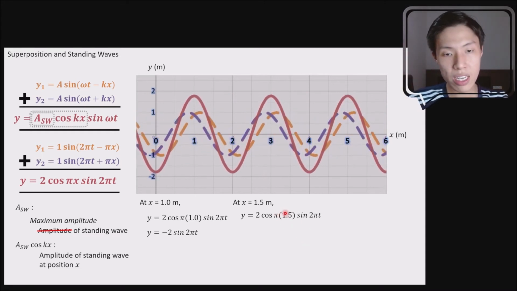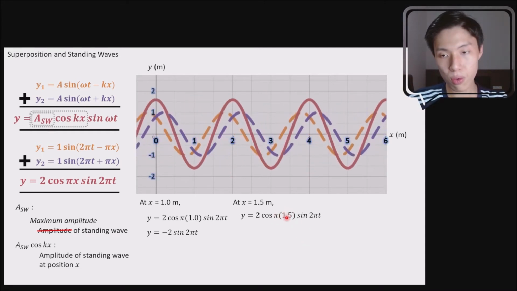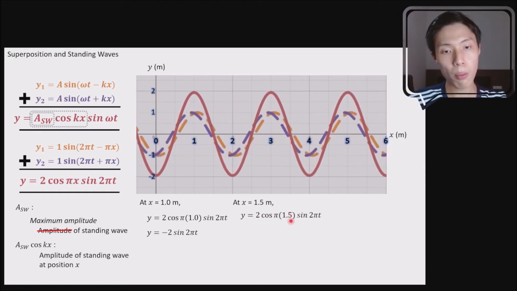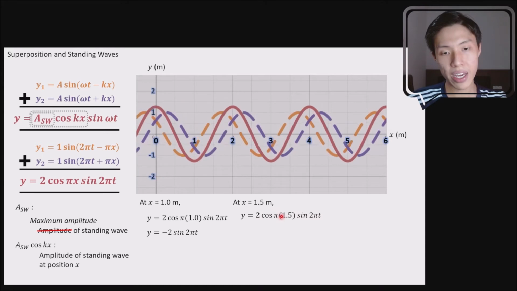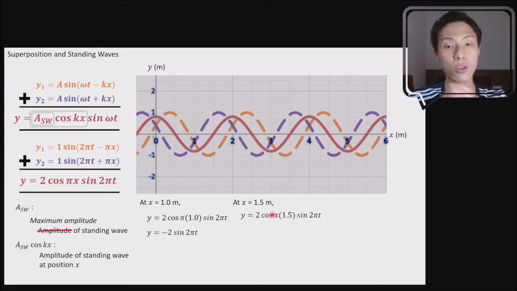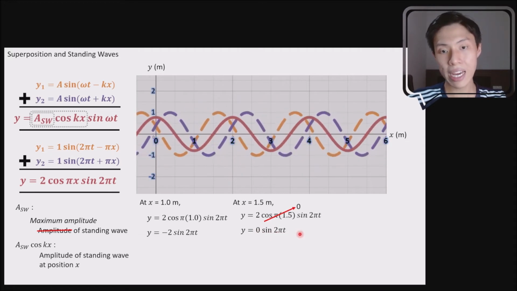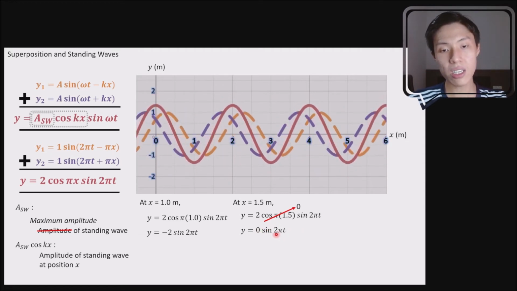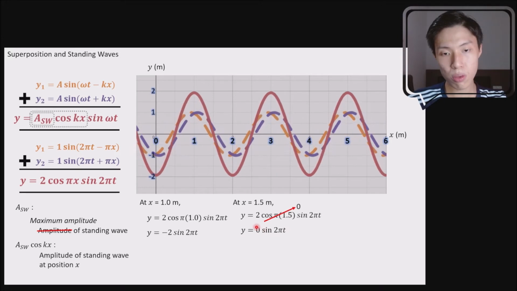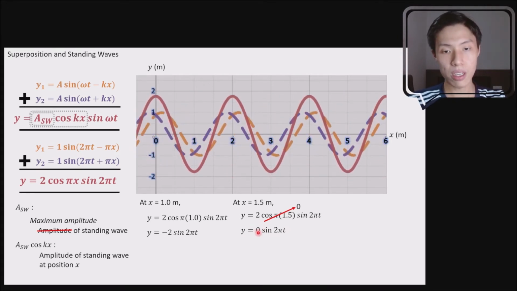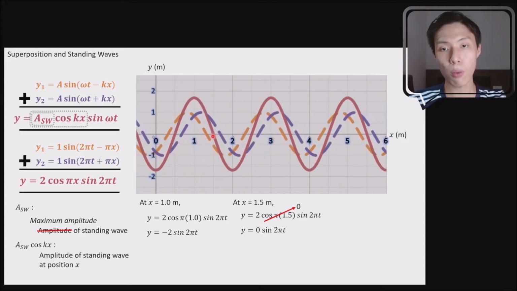If you substitute 1.5 to replace x over here, you get cos of 3 over 2 times pi, and when you cosine it, you get 0. So what do you get here? It's just 0 sine 2 pi t. You can read from here that this represents the amplitude of the SHM at x equals 1.5.